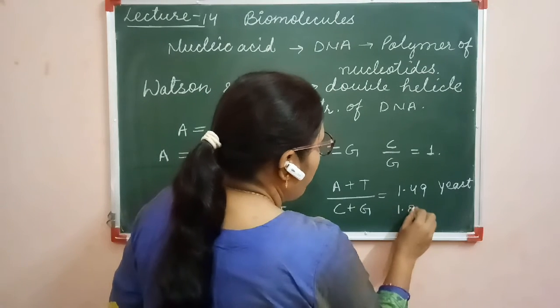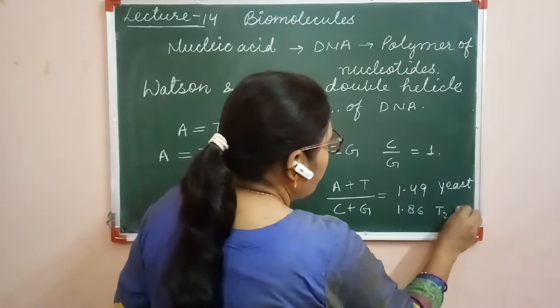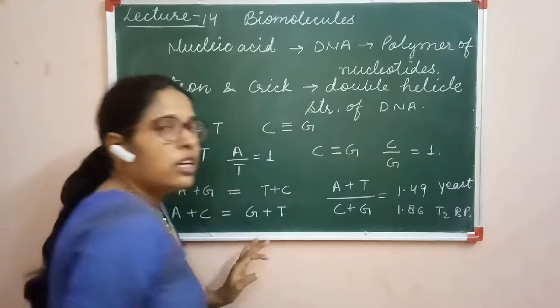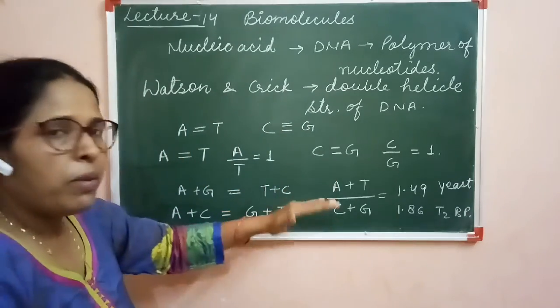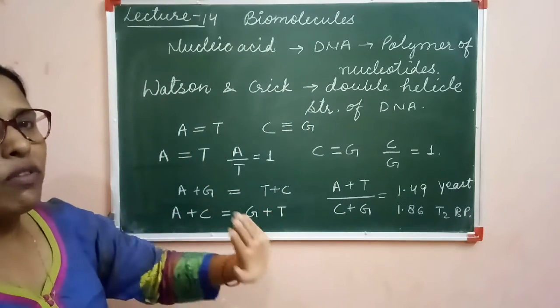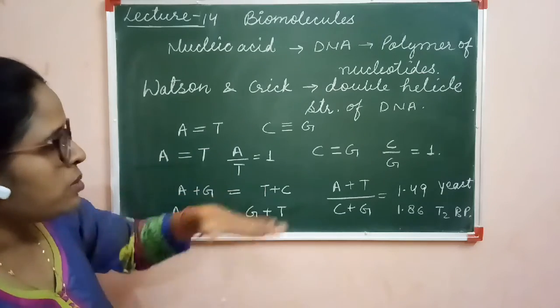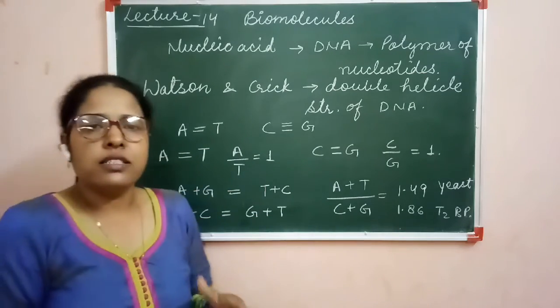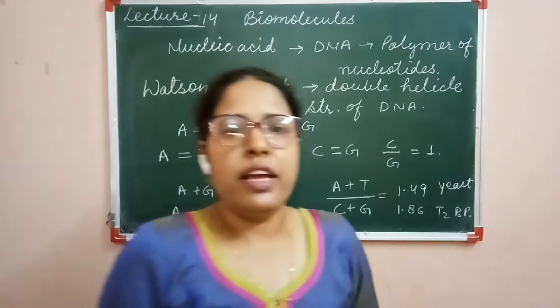Clear? So its amount may be variable in different types of cells. Otherwise, these base pair rules are the same in all types of DNA.